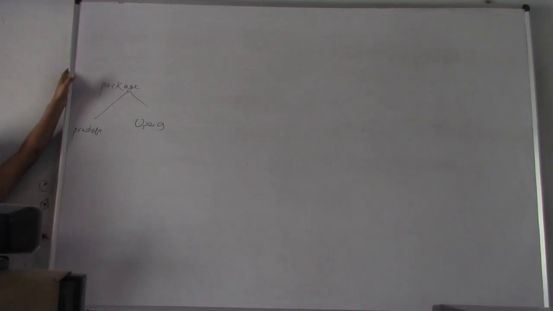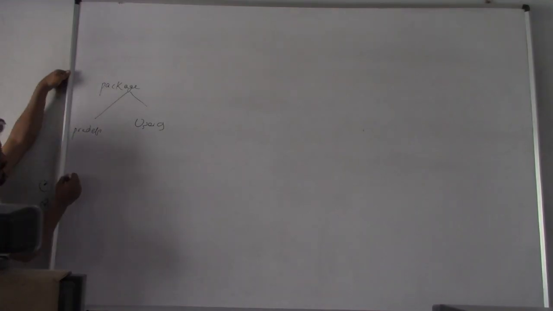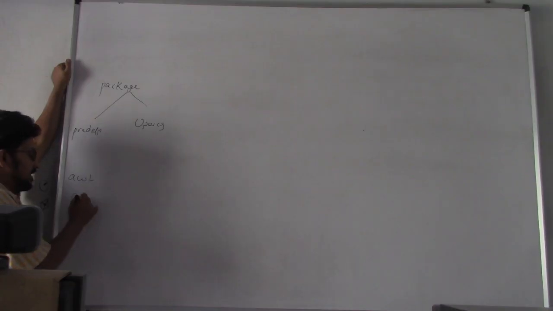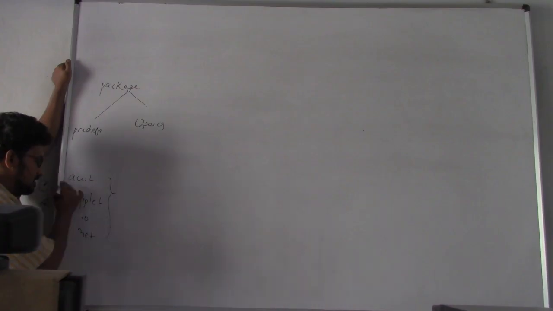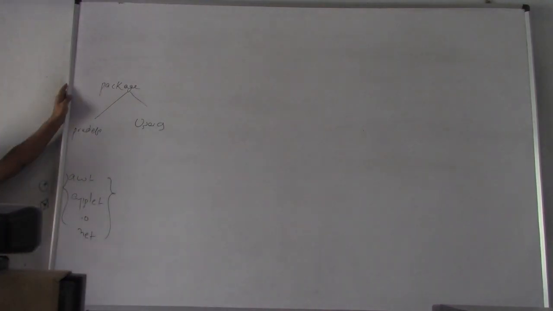Last class I explained Java is a mixture of lowercase and uppercase. So all predefined packages are in lowercase, such as awt, applet, io, net. All these are in lowercase.